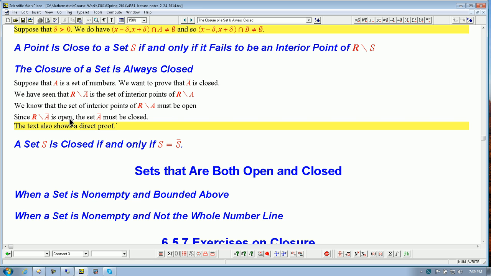Now, here's a set called A. Complement of A bar, that's the set of numbers not close to A. Those numbers that are not close to A are exactly the numbers that are interior to the complement of A. The set of all interior points of a set is always open. That set is open. Therefore, A bar is closed. That's how it works. Okay? That's as far as we're going.